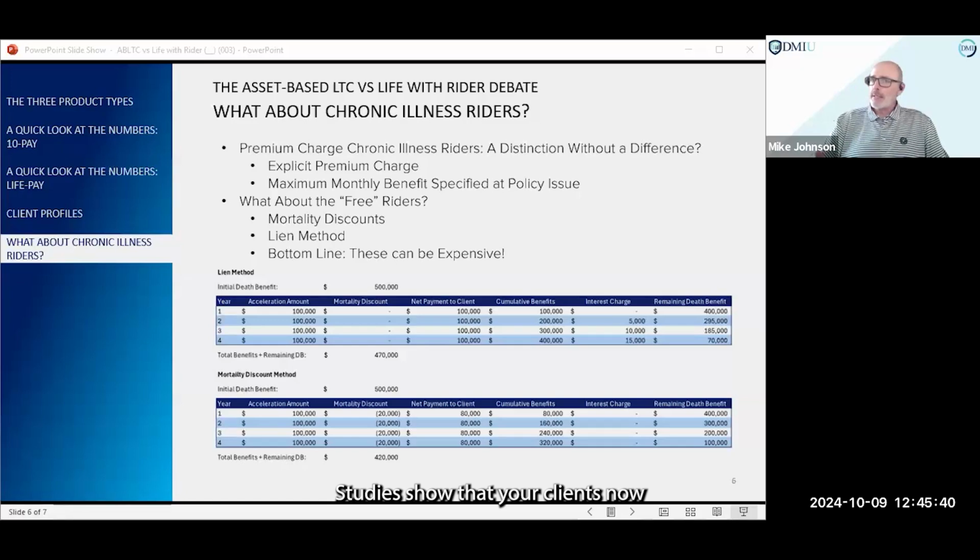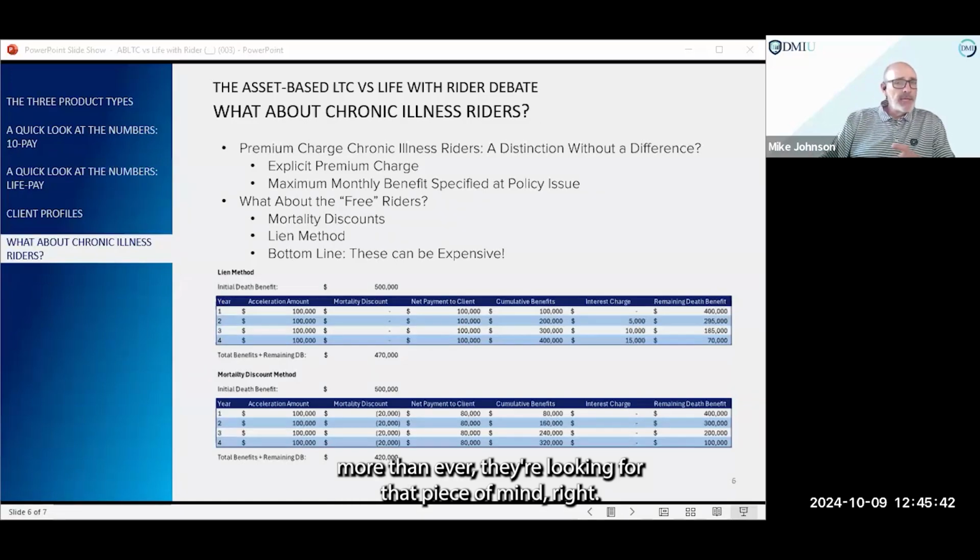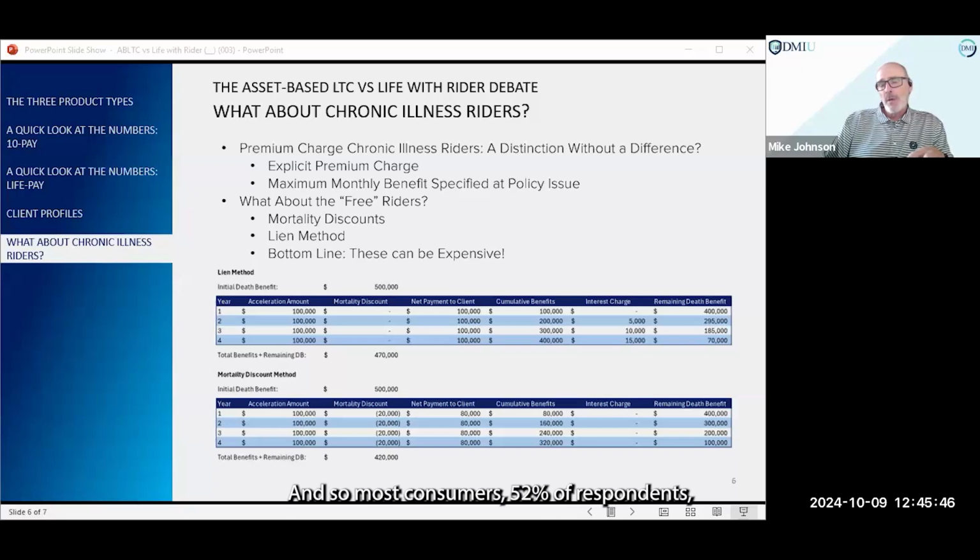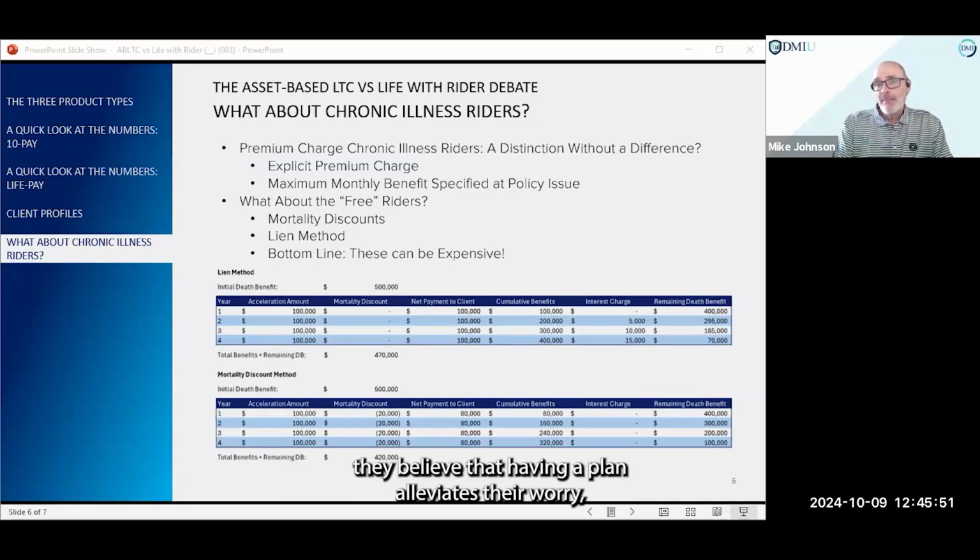Studies show that your clients, now more than ever, they're looking for that peace of mind, right, with their planning. And so most consumers, 52% of respondents, they believe that having a plan alleviates their worry, but only 33% of those respondents say that they feel confident that they have a plan in place that would meet their goals.